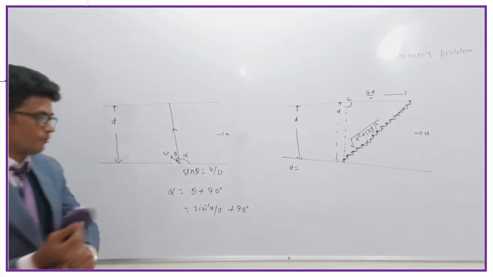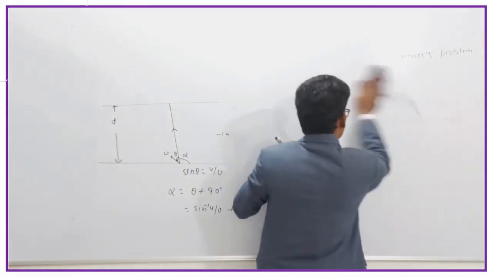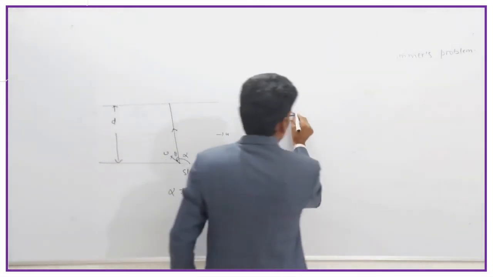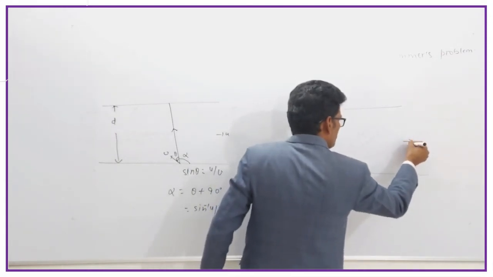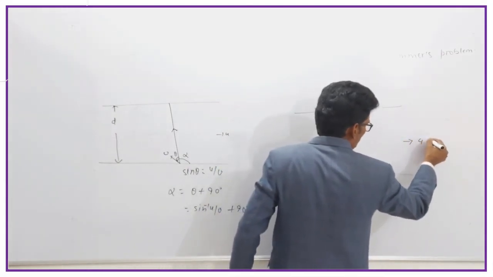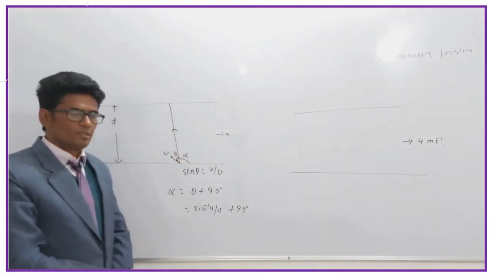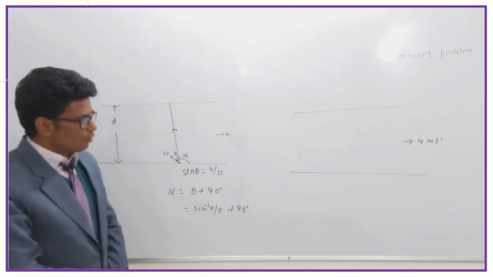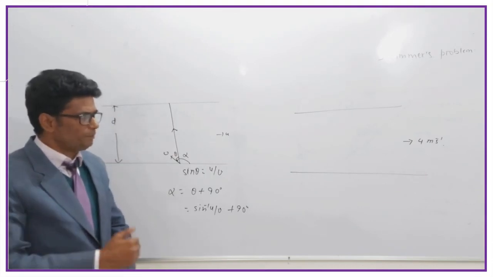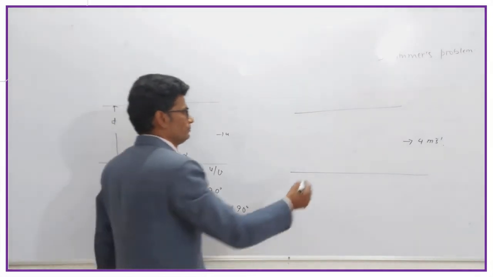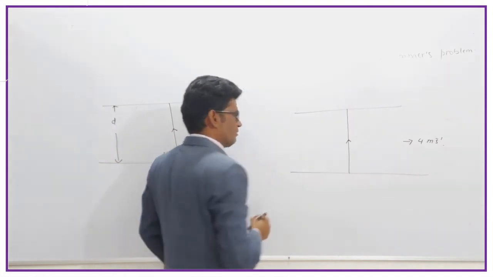Now, the last question of this class is here. Look at problem number 3. The flow speed is, say, 4 meter per second. The swimmer crosses the river perpendicular to the flow, meaning this is the path followed by the swimmer.